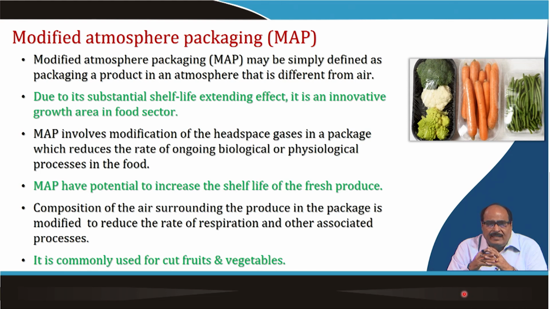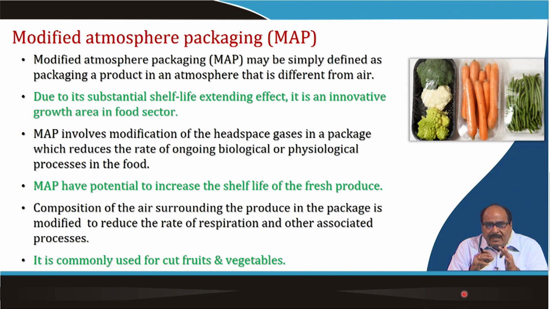Modified atmosphere packaging involves, as I told you, modification of the head space gases in a package, and this modification of gases reduces the ongoing biological and physiological processes around the food. It has the potential to increase the shelf life of fresh produce.